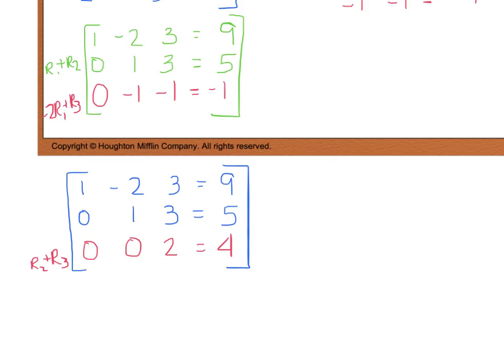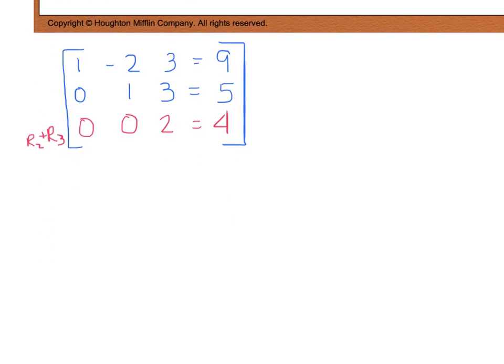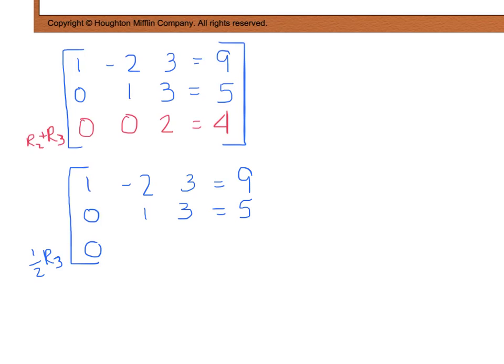So when I do that, let me shift this down a little bit more. I'm going to rewrite my 1, negative 2, 3, and 9, 0, 1, 3, and 5, and now I'm going to go 1/2 R3, or R3 divided by 2, and that will give me 0, 0, 1 equals 2.